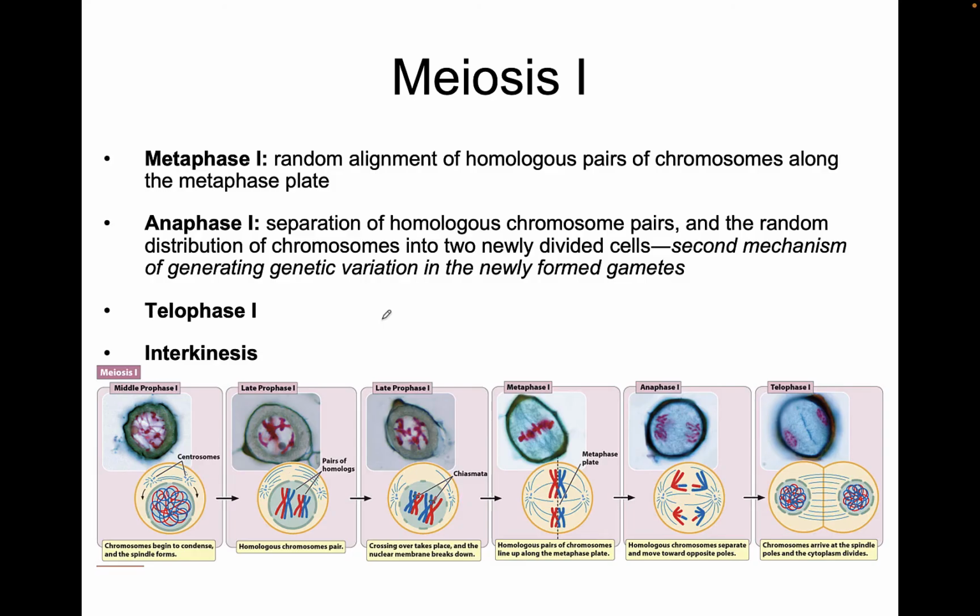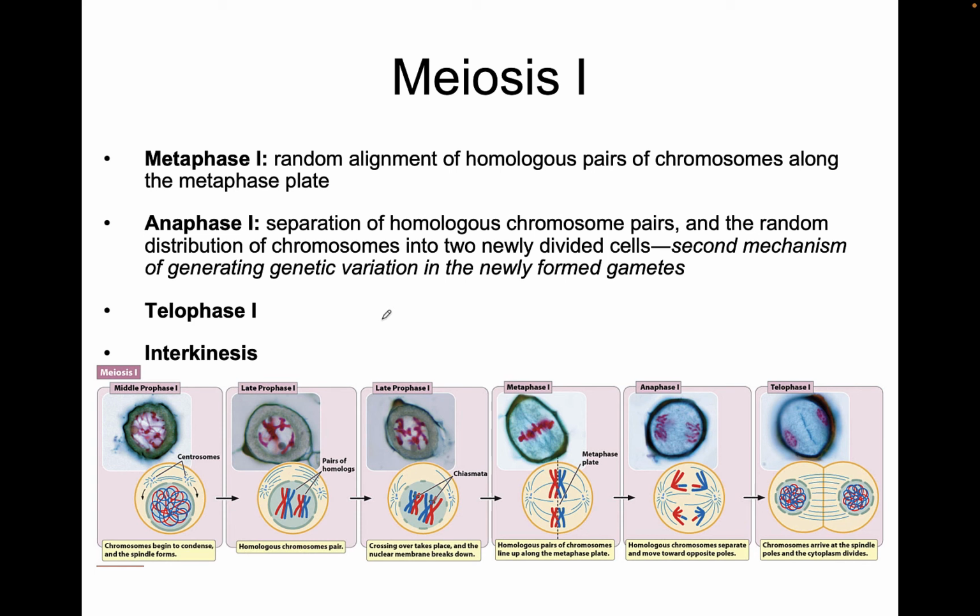So in metaphase I, you have the random alignment of homologous pairs of chromosomes along the metaphase plate, or the middle of the cell. It is initiated when the homologous pairs align themselves. Anaphase I is marked by the separation of the homologous chromosomes and the random distribution of chromosomes into 2 newly divided cells.